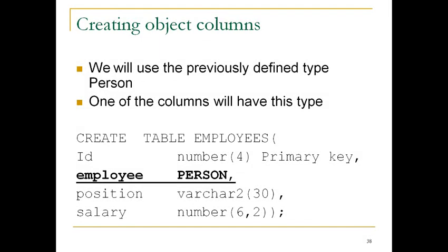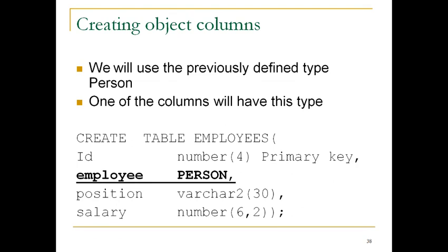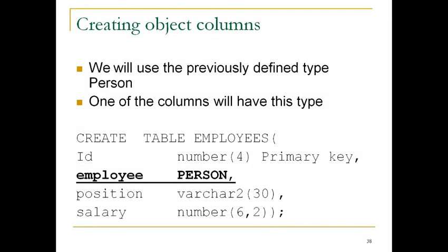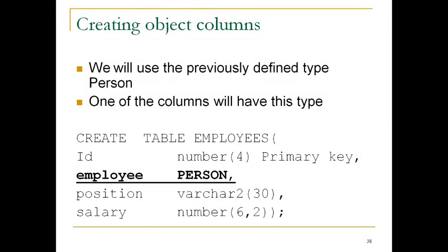We can draw it like this. The first column is ID. The last two columns are position and salary. I intentionally draw these three columns small and one big one. Then, for example, the ID would be 1.